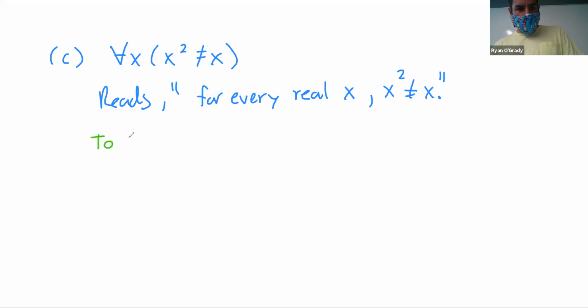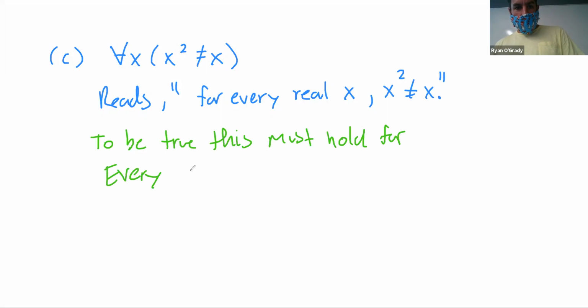So to be true, this must hold for every x. Well, that's clearly not the case, because I can think of a number right away for which it's not true. If I take the number 1 and I square it, I get 1.